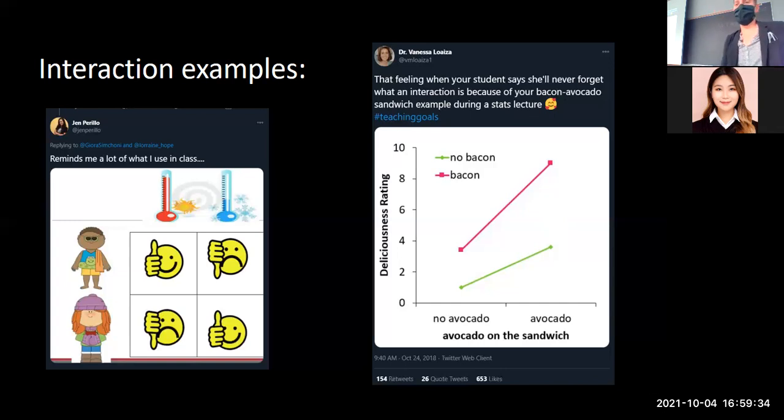So once again, that's about 6. So same thing here: the relationship between deliciousness and adding bacon is dependent on whether there's avocado on your sandwich already.